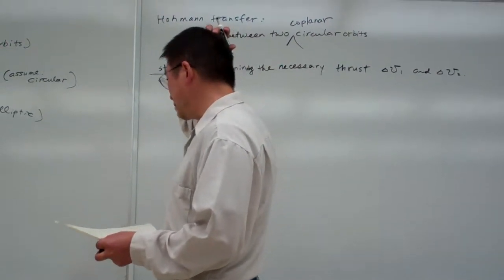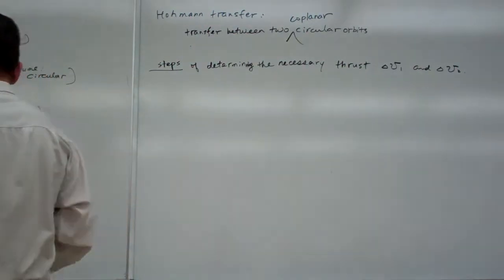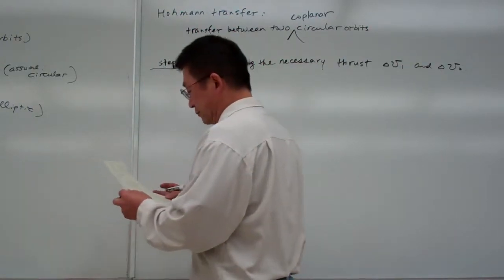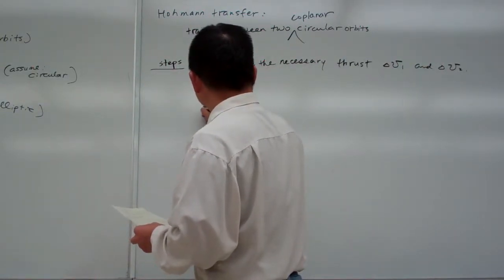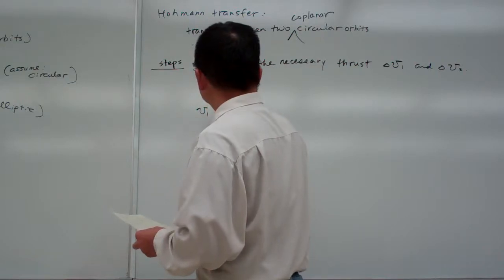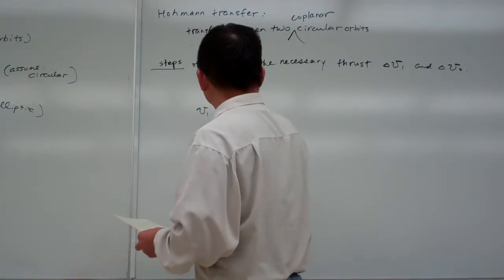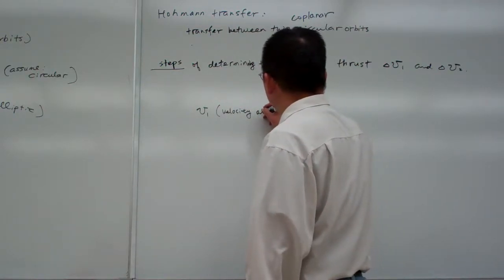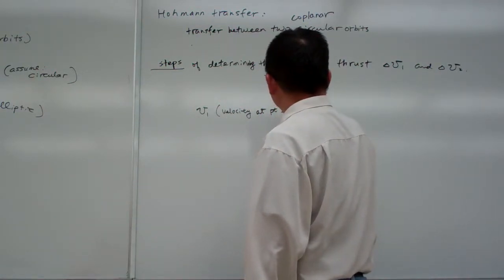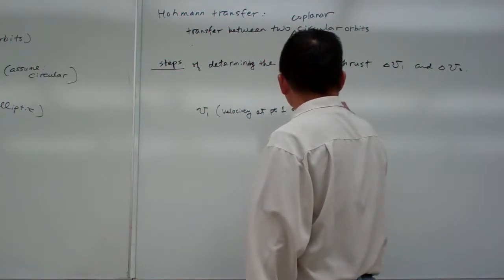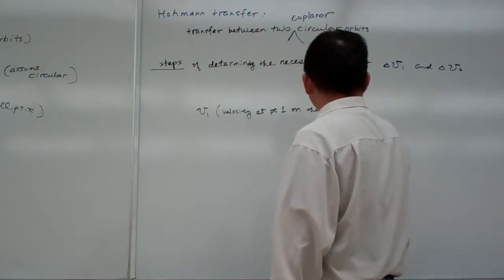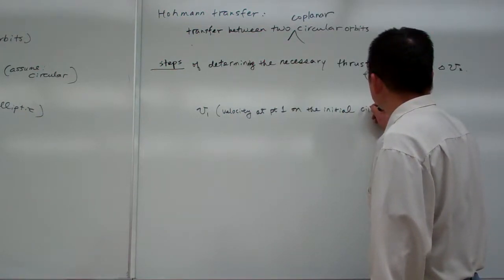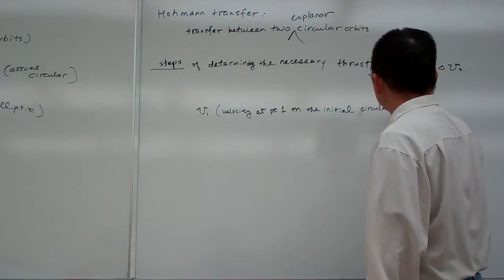So how can we start? We can determine the V1 first. So V1 is the velocity at point 1 on the initial circular orbit.